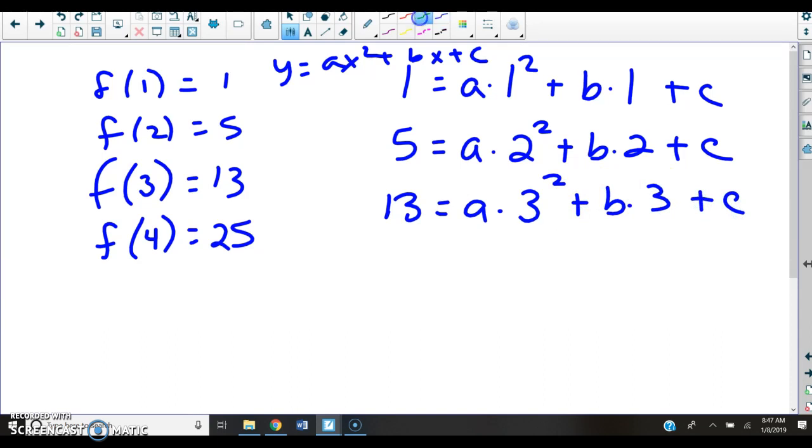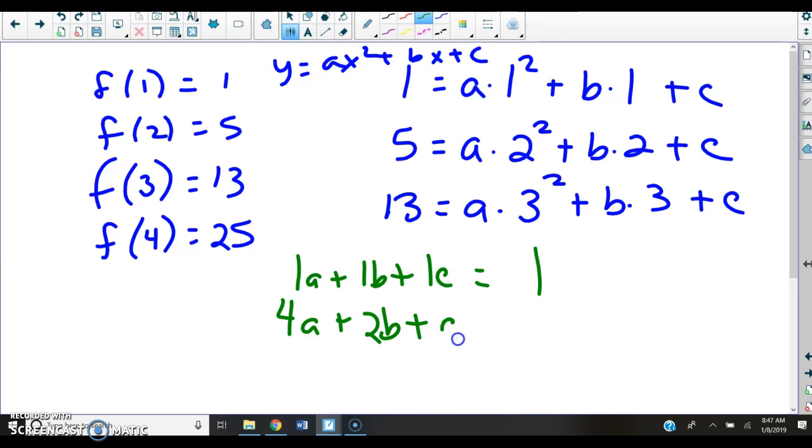So the equations I would use in my calculator would be 1a plus 1b plus 1c equals 1. I'll give the coefficient just so I don't confuse anybody. The next one would be 4a plus 2b plus c equals 5. And the last one would be 9a plus 3b plus c equals 13.